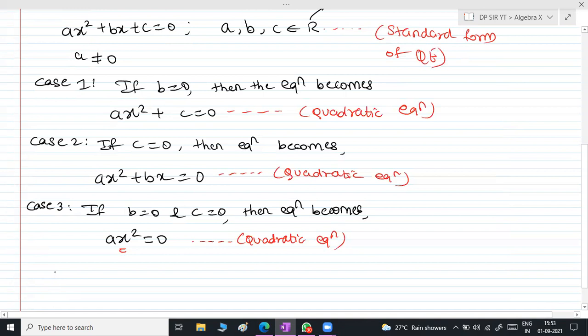Good. So now let us think about what these a, b, and c are.